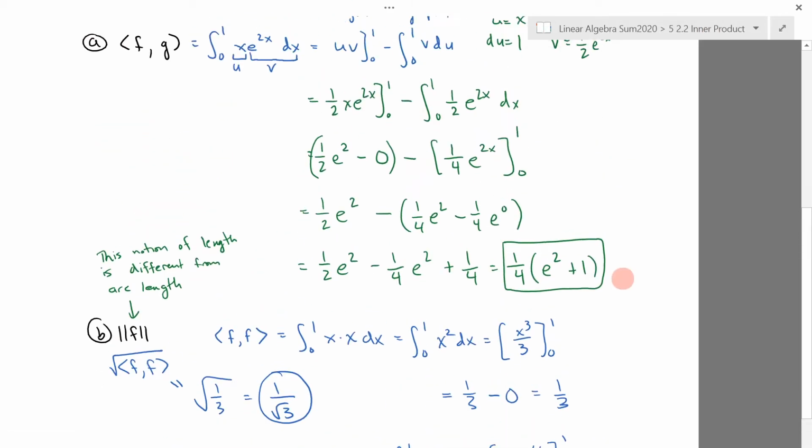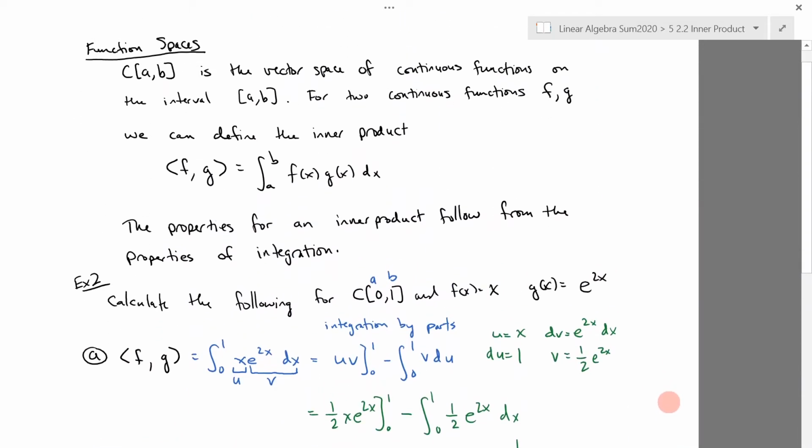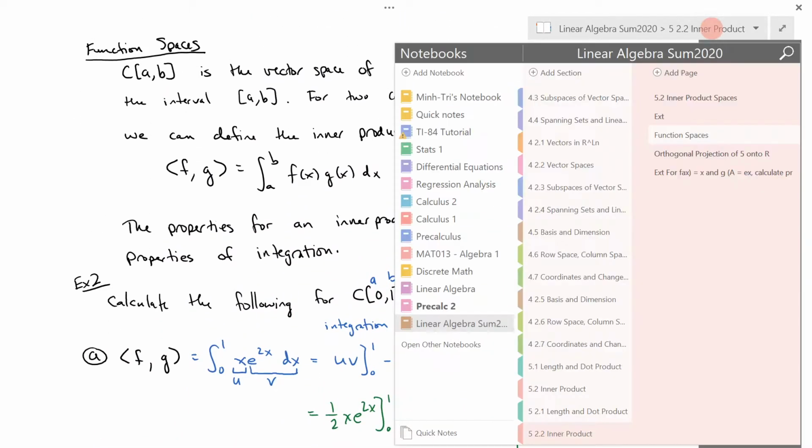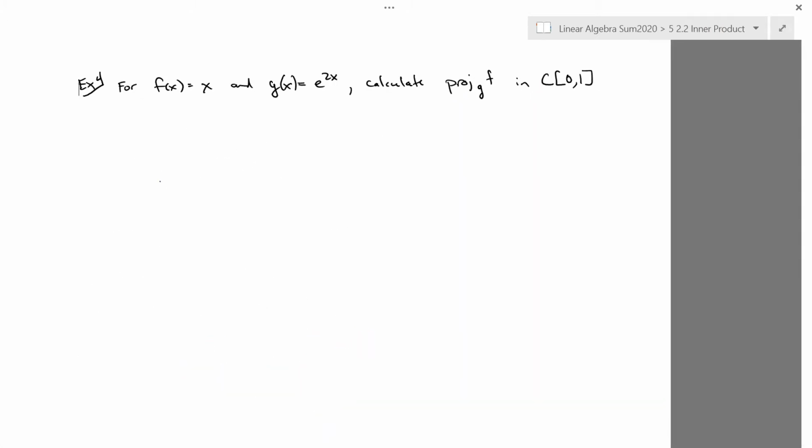The projection of f onto g is the inner product of f with g over the inner product of g with itself, times g.